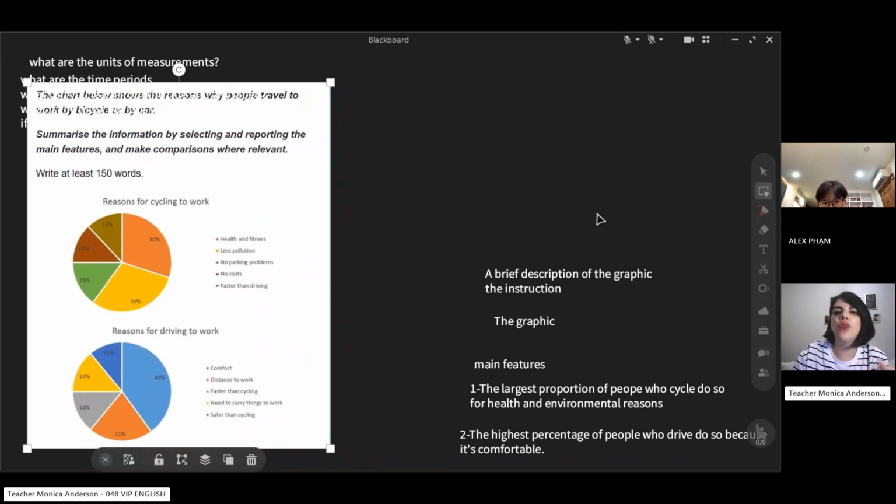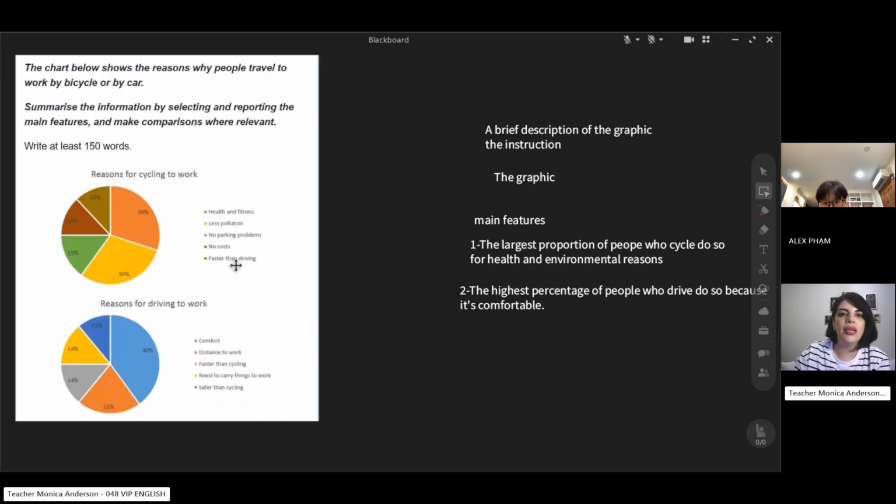It's time to write. The next one, as we talked before, the most important part of your essay in task one, your overview. Do you remember how to write our overview? What we should write, what we shouldn't?